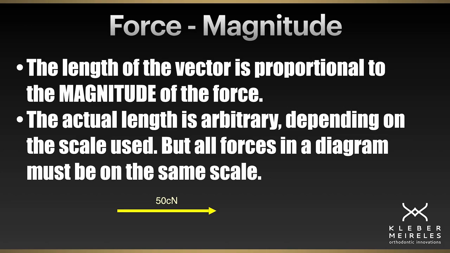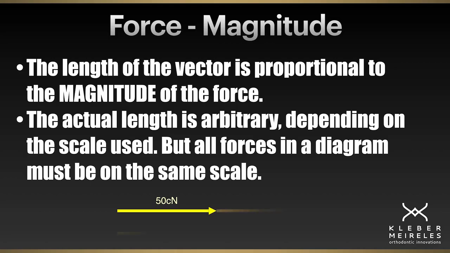Meaning, I'm going to go to arbitrary a length because from there I'm going to represent other forces in our system. If I'm using 50 grams for 5 millimeters or 5 centimeters of length, if I want to increase that to 100 grams, I need to double the length of the vector because I'm using the same scale for that.